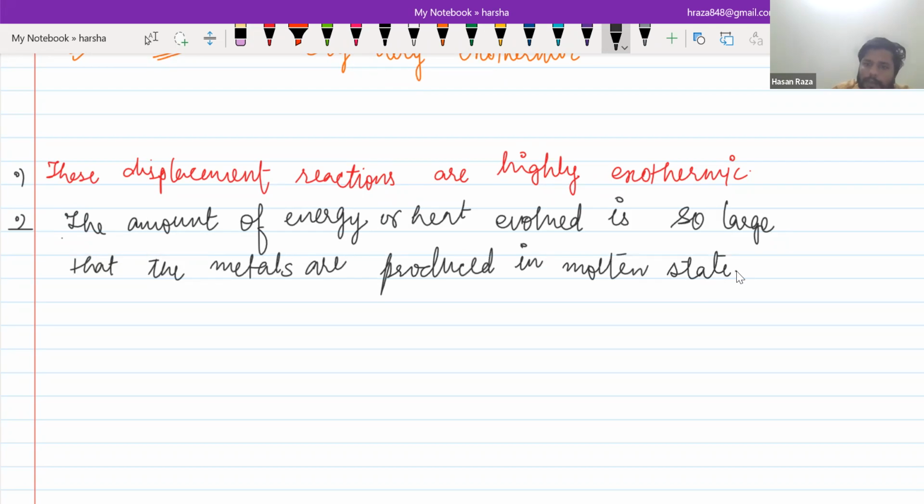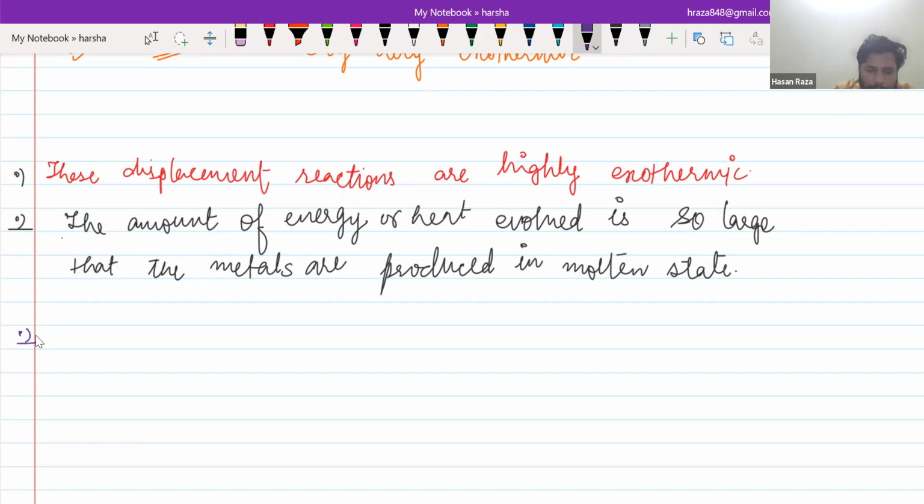So this is a very important point. It can be asked why, during displacement of this type of reaction, the product is in molten state. Because of evolution of very high energy.